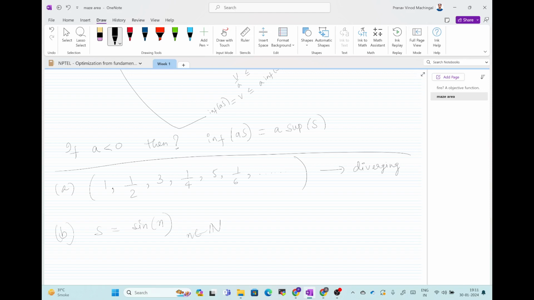Why? It will oscillate between -1 and 1. How will we define this sequence?